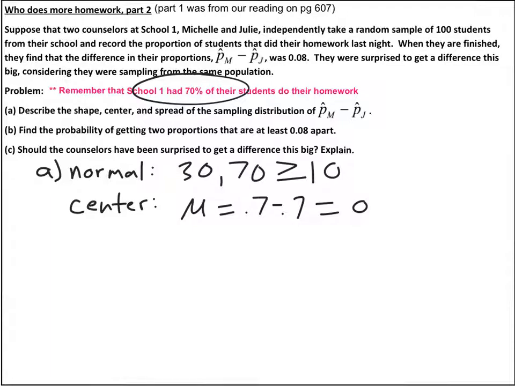We'll take the differences. And we're going to assume that, again, their homework turn-in rates are the same. So we'll center this normal curve at 0.